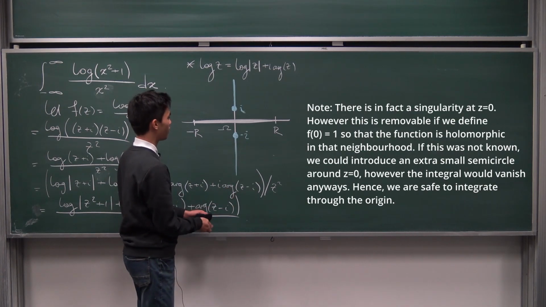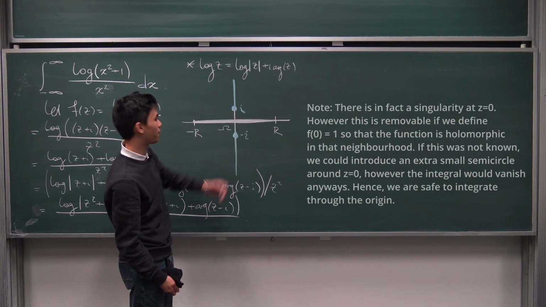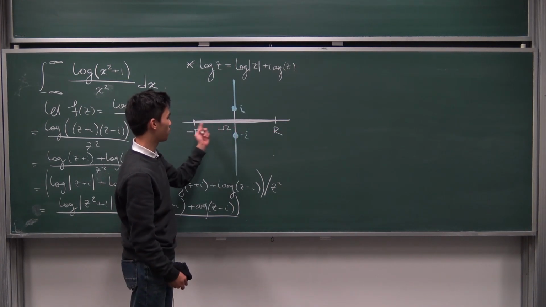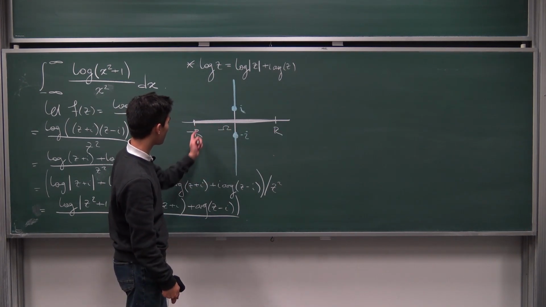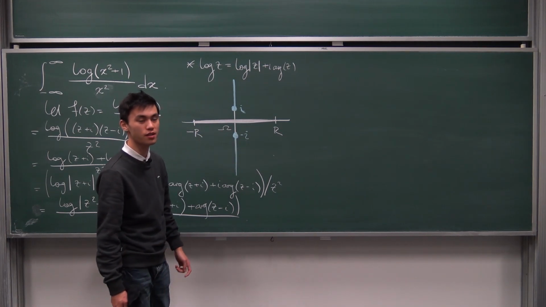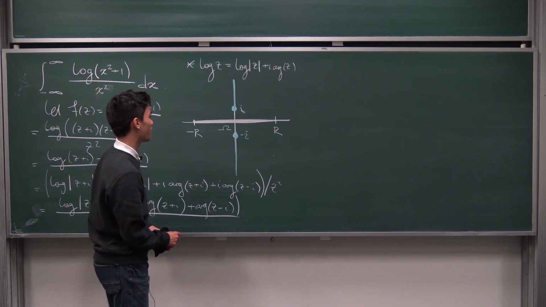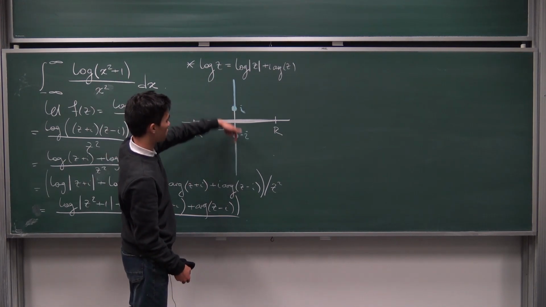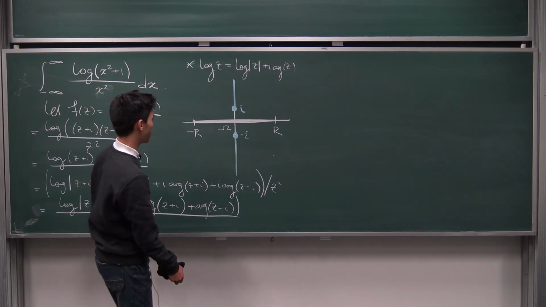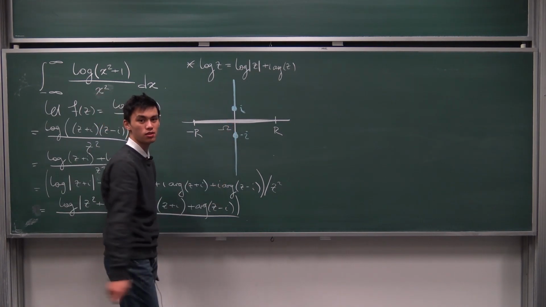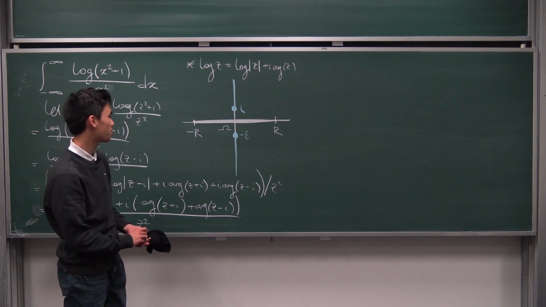You could orient it on a 45-degree angle like that if you really wanted to, because it doesn't interfere with this path from minus R to R. But we're just going to choose this setup over here. We don't want the branch cuts to go through this line from minus R to R because we don't want to have multiple values and a discontinuous jump on our contour integration path.